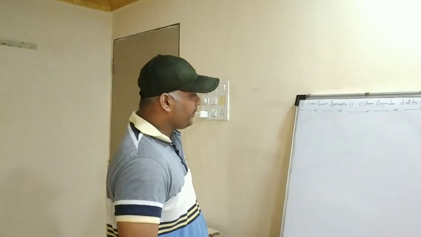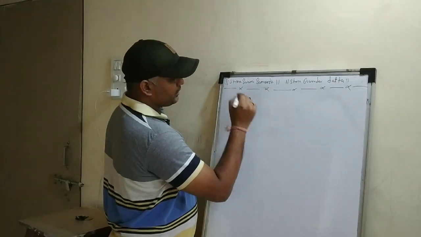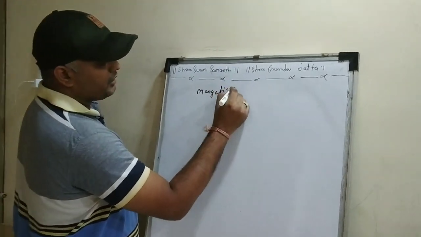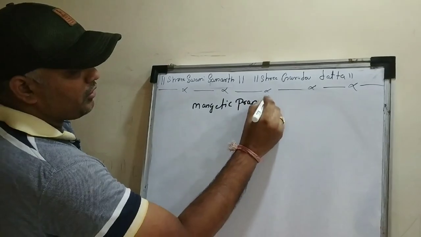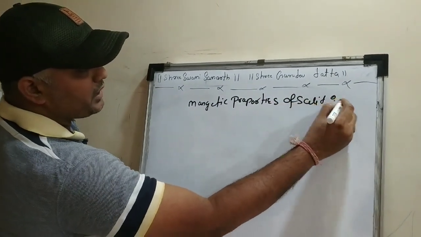In the day before yesterday, we had learned about the magnetic properties of solid, right? So what are the magnetic properties of a solid?